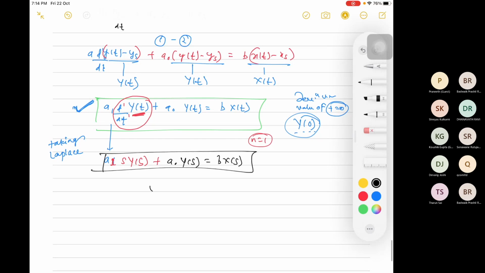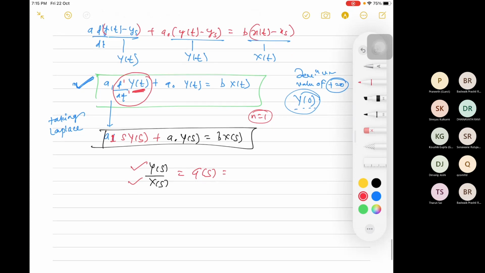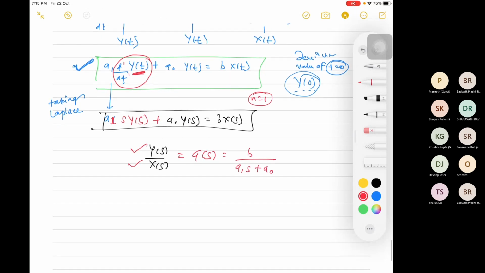Now can you get Y of s upon X of s? Both terms are capital. This is called G of s, which equals, if you do this calculation, b divided by a1 s plus a naught. Now what was your generalized form? Kp upon tau p into s plus 1.